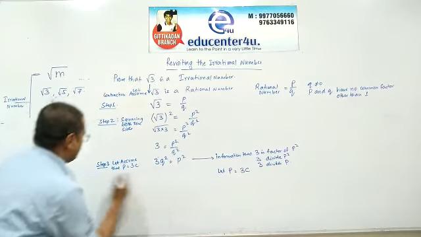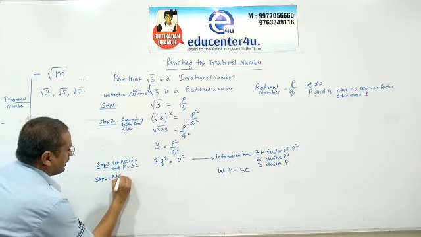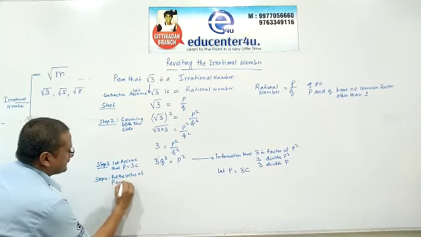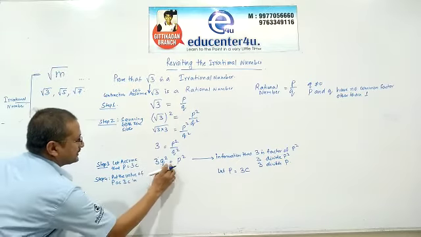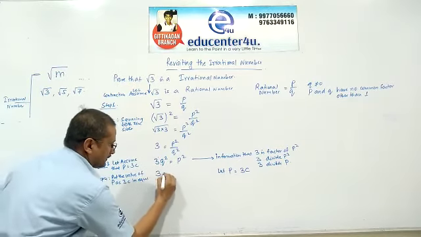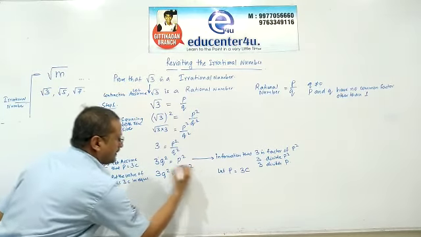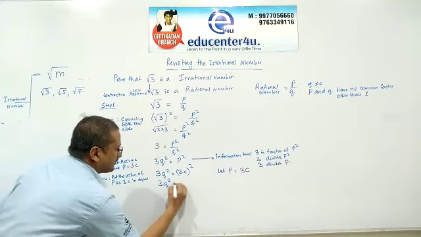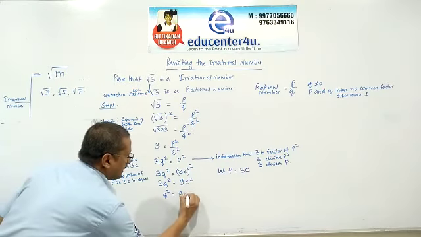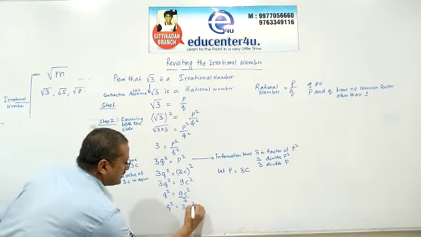The fourth step is to put the value of p as 3c in the equation. Here we write 3q square is equal to 9c square. So q square is equal to 9c square by 3, and q square is equal to 3c square.